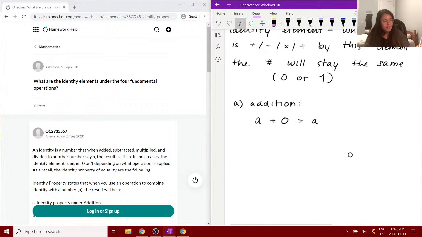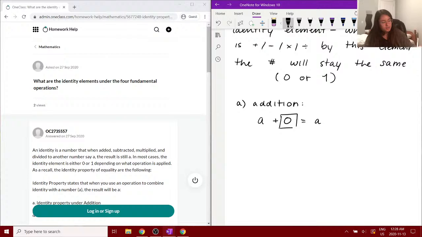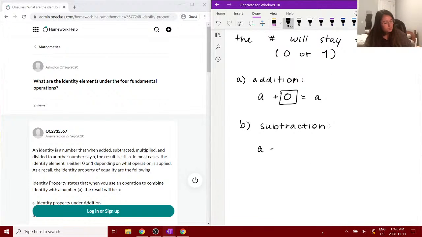So in this case, the identity element is 0. For subtraction, if we have a value a, and we subtract 0, we get a back again. So in this case, the identity element is 0.